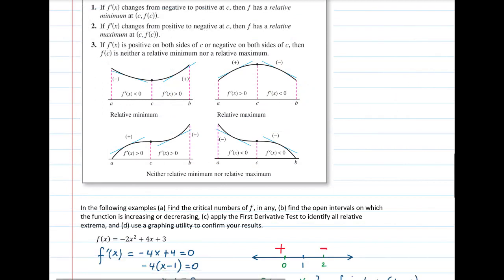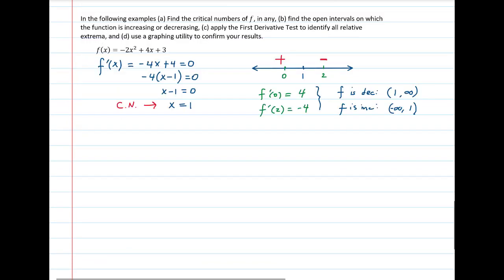Next, we're going to apply the first derivative test to determine whether our critical number 1 is a max or a min. Let's use the theorem we just discussed, and we do that by looking at the signs. Look to the left of 1 on the number line. It's positive going to negative. In other words, it's increasing and changing to decreasing.